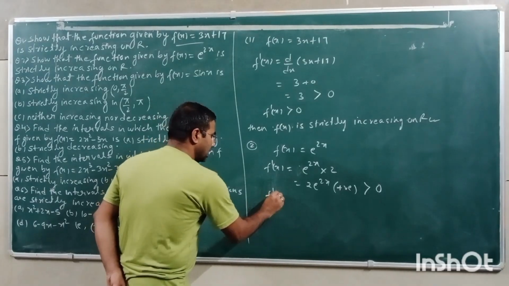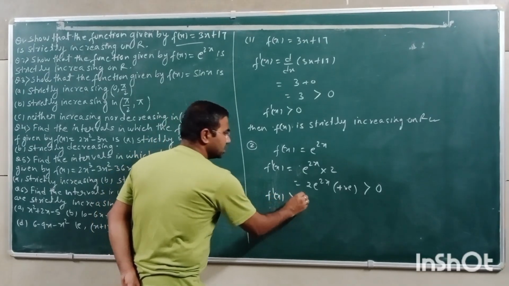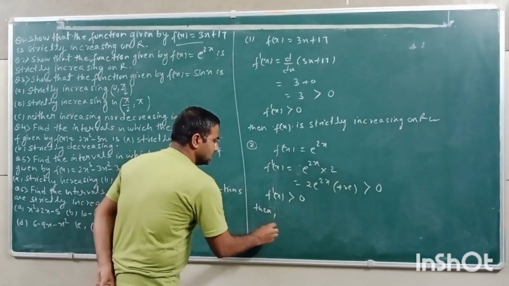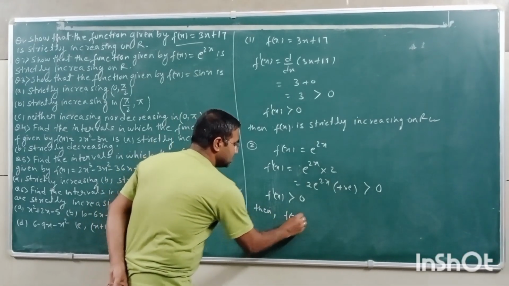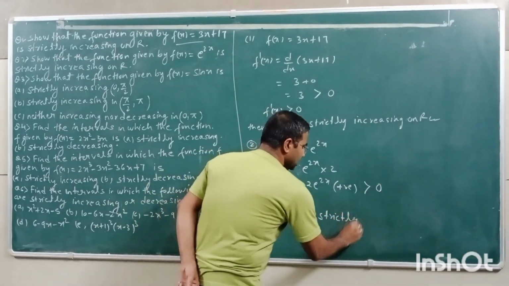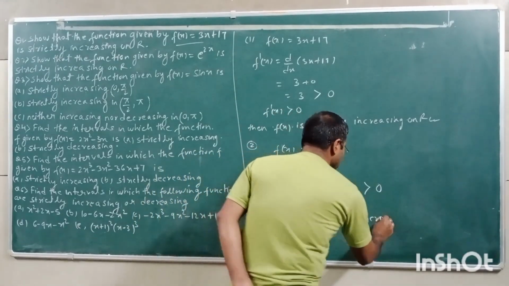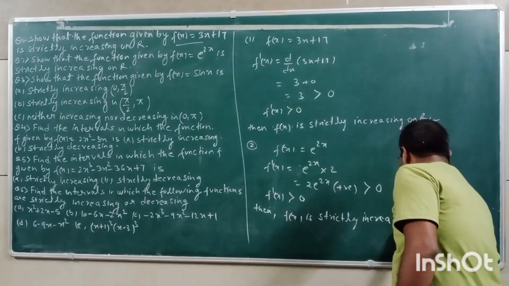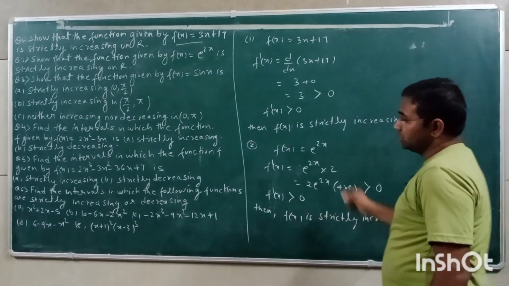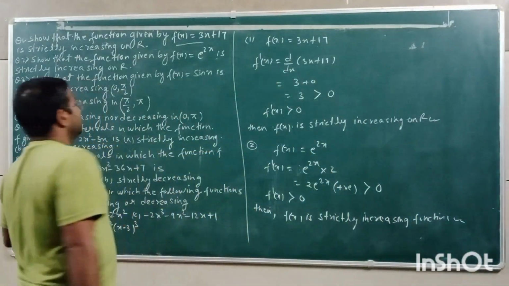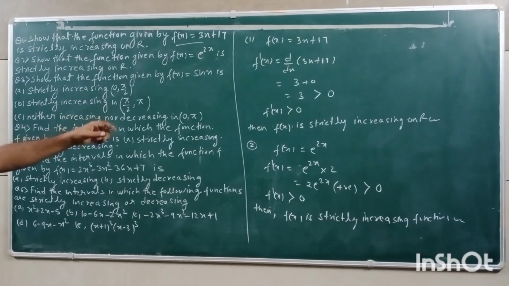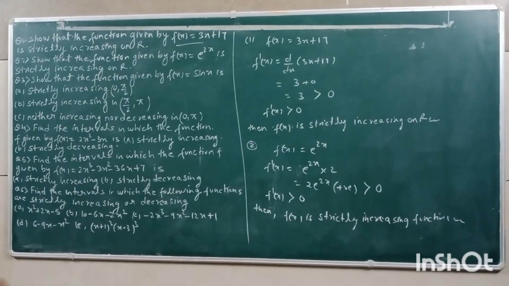It means f'(x) is always greater than 0. Then we can say that f(x) is a strictly increasing function. In this way we will write it, showing that the function is increasing.